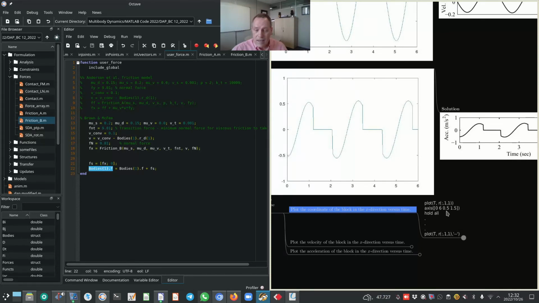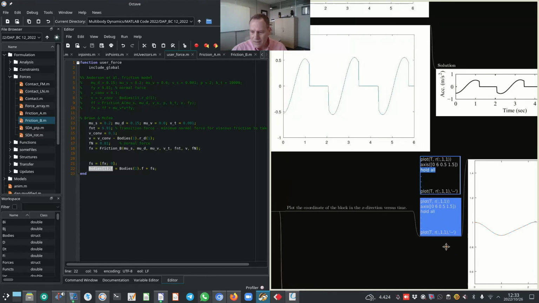I scaled the axes, and then I entered this command over here, this hold all, and that enabled me to rerun the simulation with the Brown and McPhee friction model, and plot on top of the existing plot the new positions of body 1 in the X direction. And I made sure that the second plot is now a dashed line. Okay, and this is what the results look like.